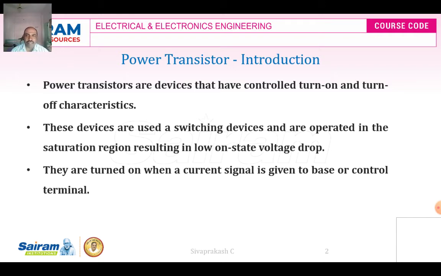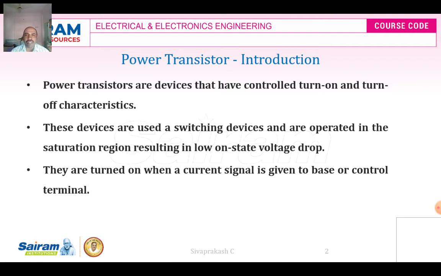The ordinary transistor can be used as an amplifier and as a switch; the power transistor can also be used as a switch, but the power handling capability of the power transistor is more compared to the ordinary signal transistor.